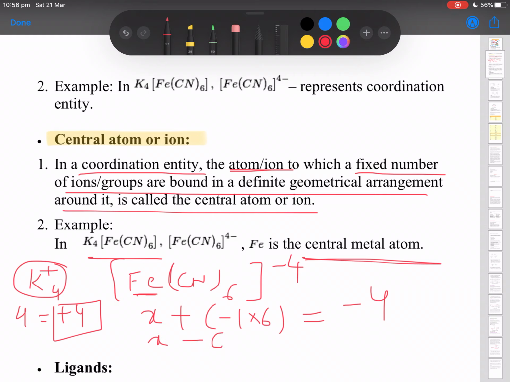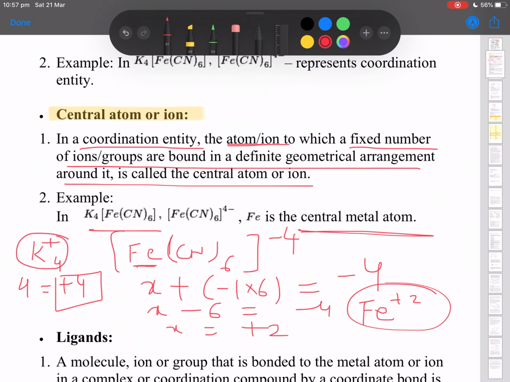So X minus 6 equals minus 4. So X comes as plus 2. And the oxidation state is always written in Roman numerals while writing its nomenclature. That we'll be learning. Okay. So if I ask what is the state of iron here? Iron is in plus 2 state.